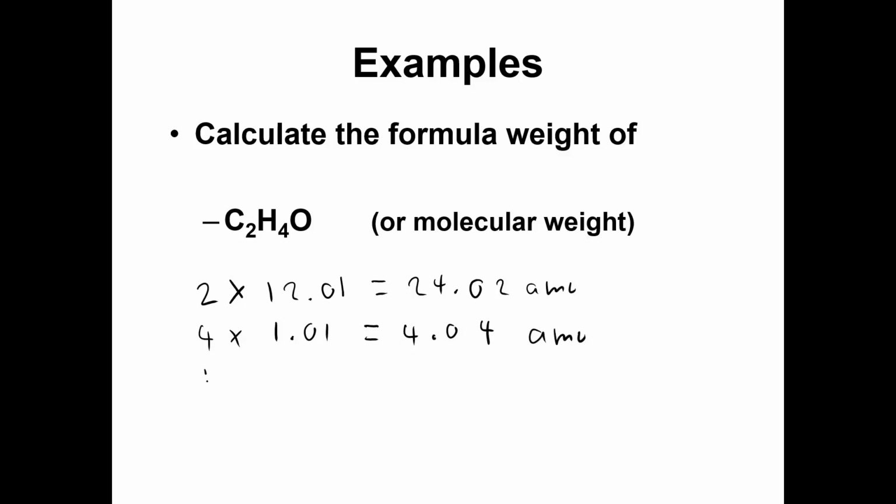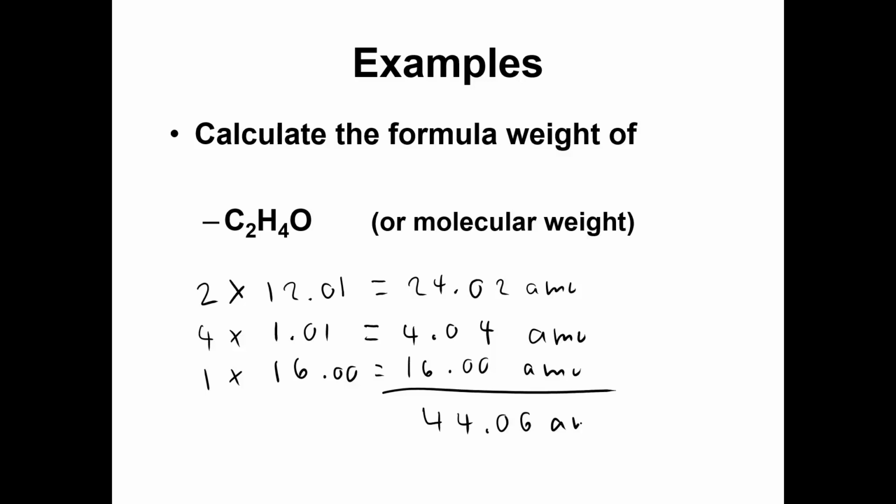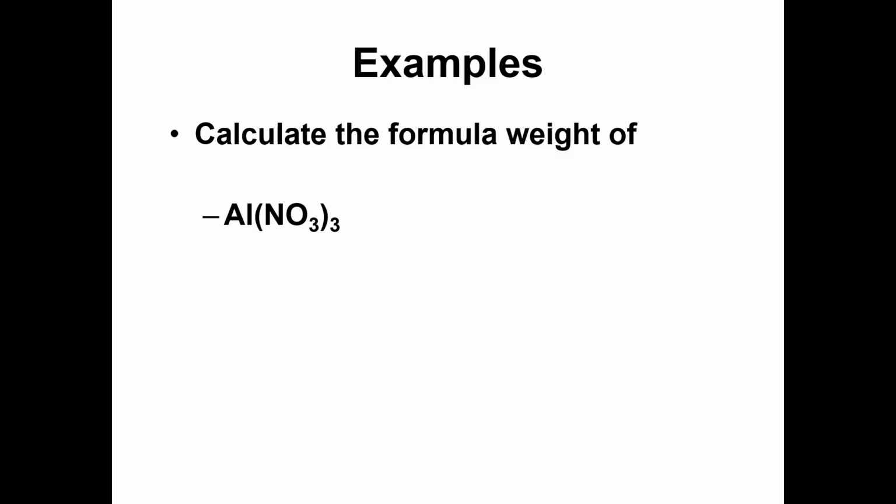And then finally 1 oxygen, 1 times 16.00, 16.00 AMU. You add it all up and you get 44.06 AMU. C2H4O has a formula weight of 44.06 AMU.